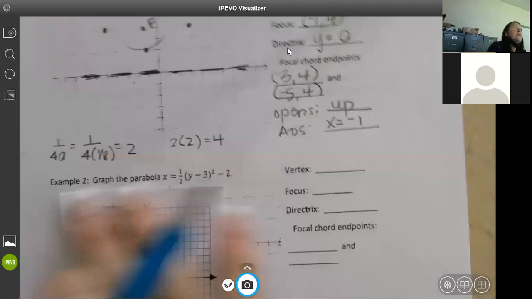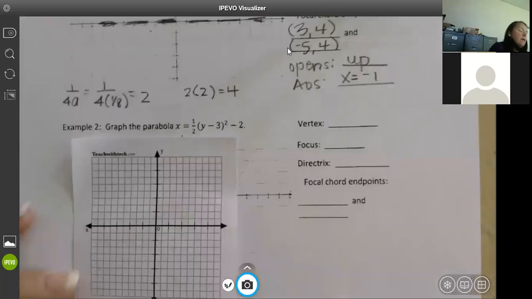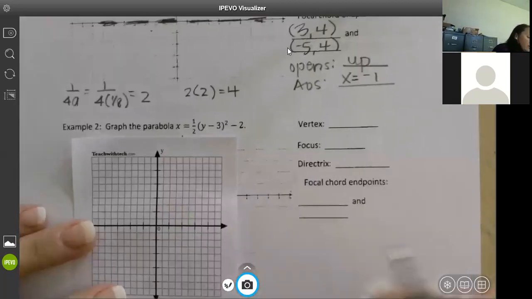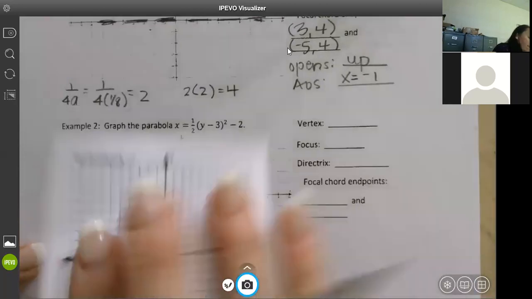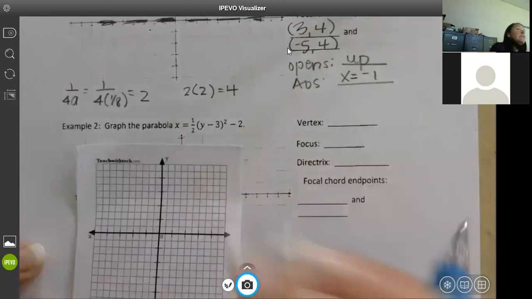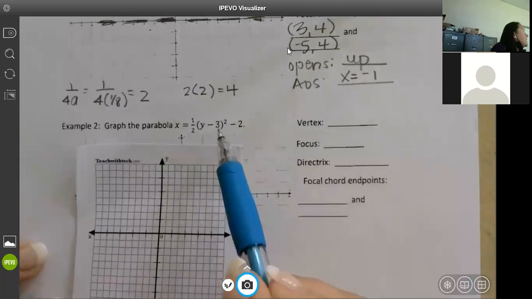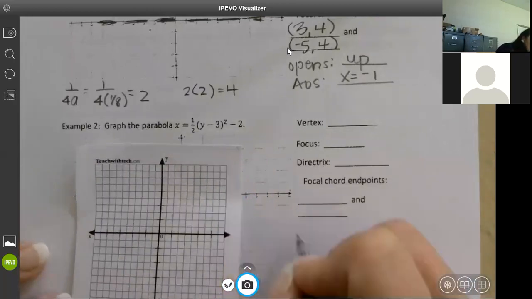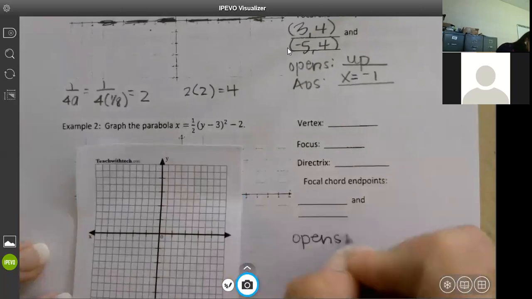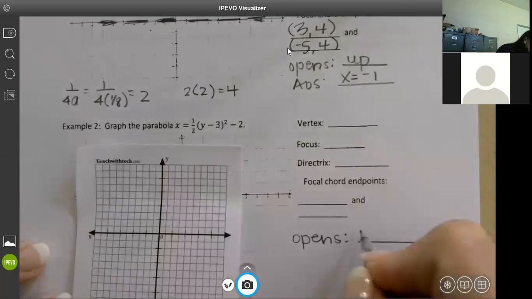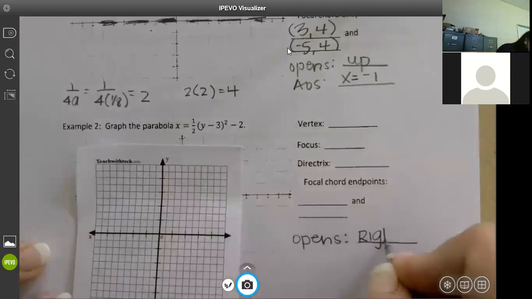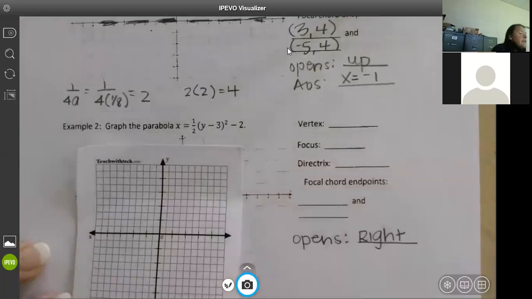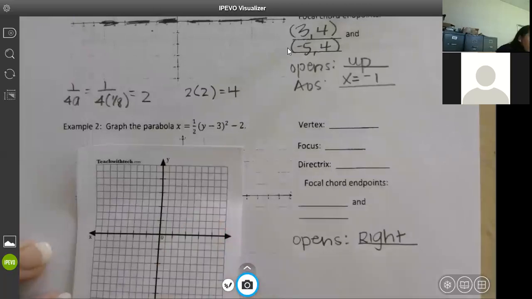Let's do this, see if that helps any. All right. So our equation is x equals, it's already in vertex form. I don't have to do anything because it's already in x equals. Everybody see that? So which way does this open? Yeah, right. So remember x equals, x goes left or right, and it's a +1/2, so it opens right.